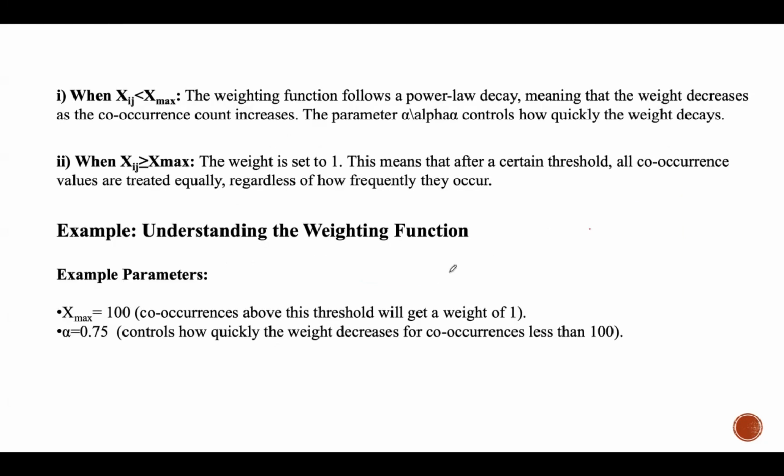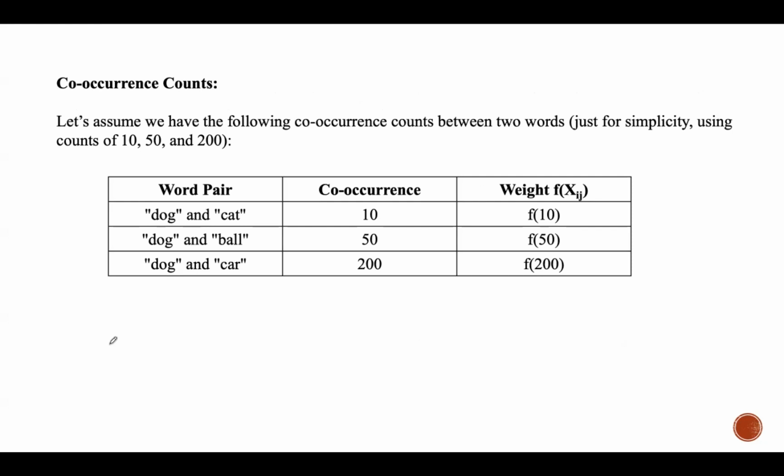So let us understand this weighting function with an example. Assume that we have the parameter X max whose value is equal to 100. Then the alpha value by default is set to 0.75. And assume that we have the co-occurrence counts between two words as shown in this table.